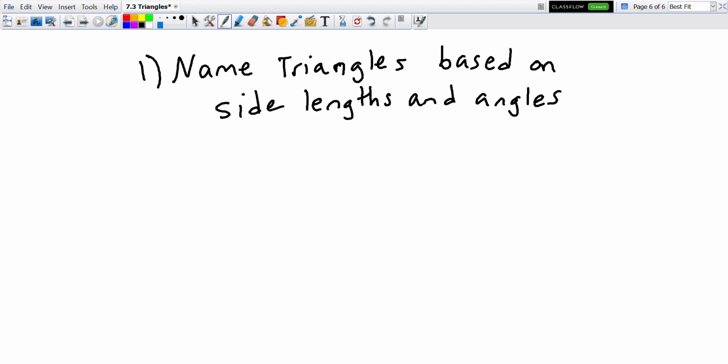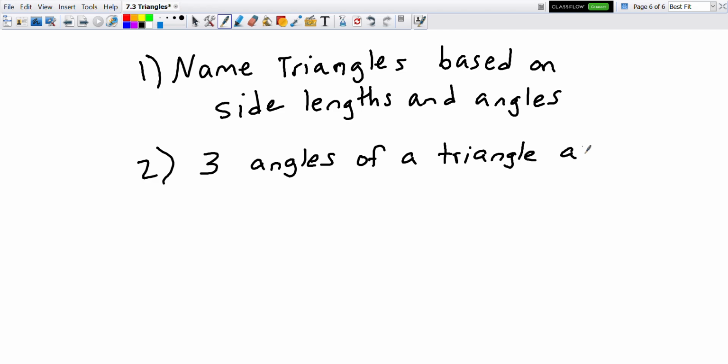That was things like acute and obtuse triangles, and equilateral, isosceles, and scalene triangles. Number 2, that the 3 angles of a triangle always add to equal exactly 180 degrees.